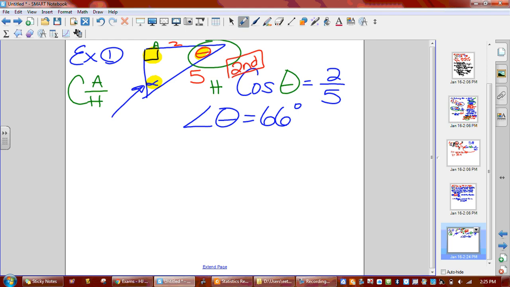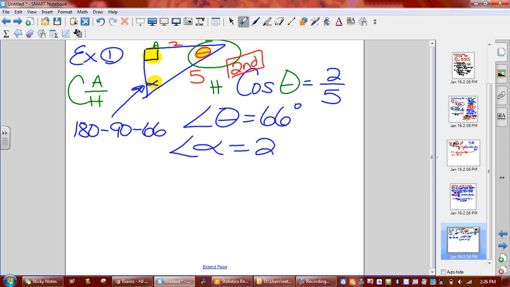So angle sigma is going to be 24 degrees. And again, if we add both of these together, we should get 90 degrees, and we do. Okay, check your work, please.